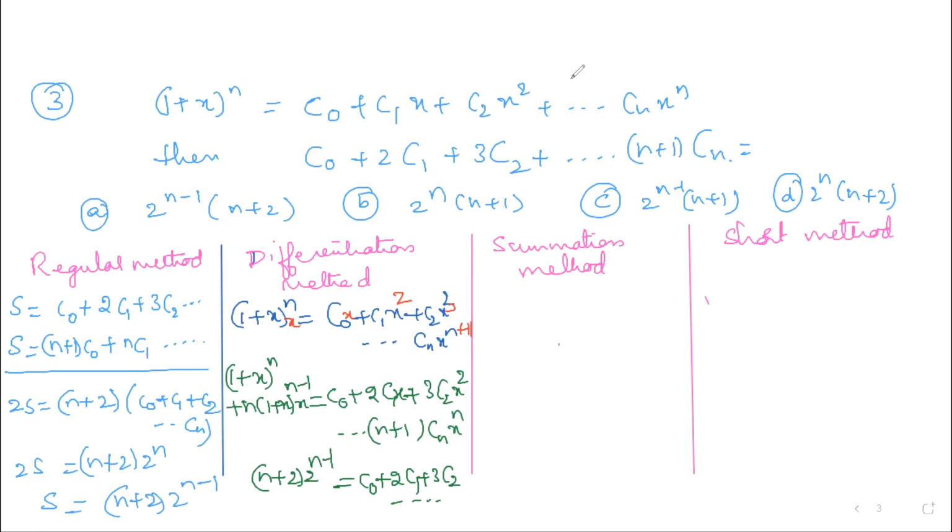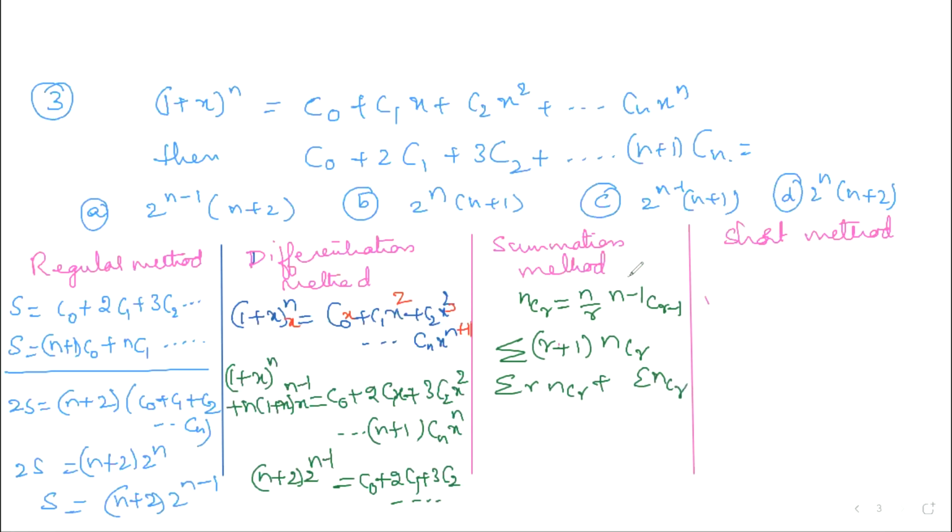Now let's see if we use the summation method. There is a property for nCr, which is n/r times (n−1)C(r−1). So basically the given summation is in the form of (r + 1) times nCr. Instead of r, it is r + 1. So initially we can split this as r times nCr as one term plus the summation of nCr as the other term.